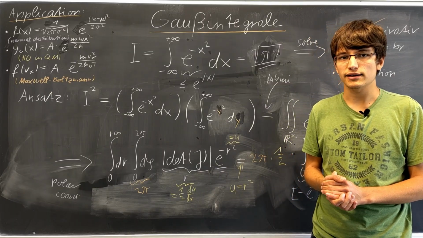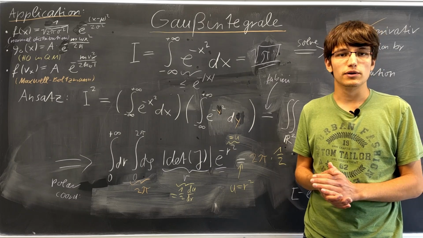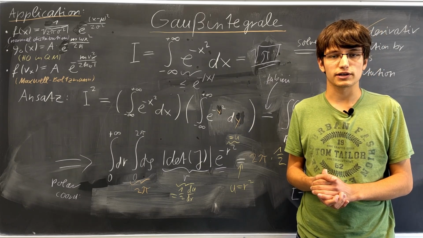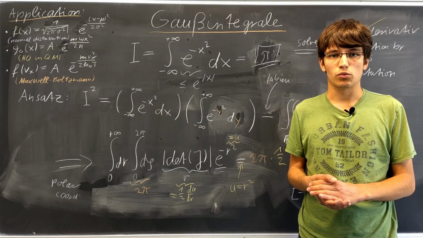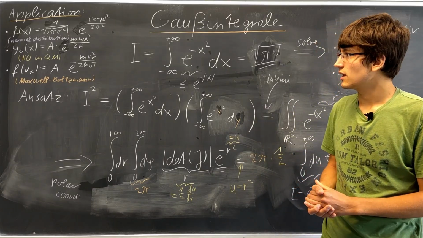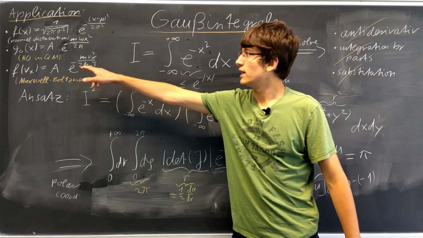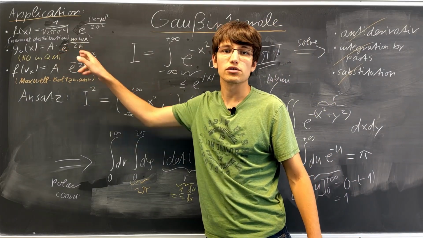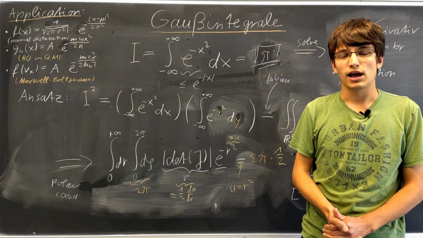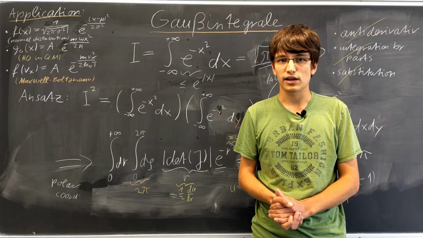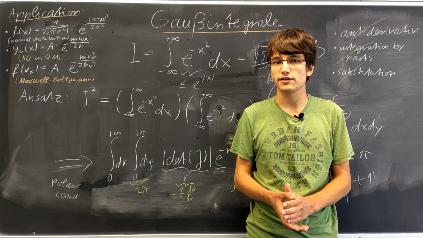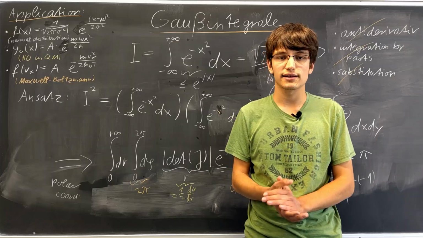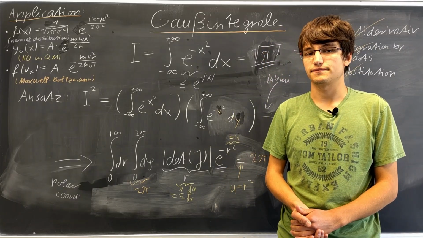Also in quantum mechanics, if we look at the harmonic oscillator in the ground state, the wave function in position space is also a Gaussian. Similarly in thermodynamics, if we look at the Maxwell-Boltzmann distribution of the velocity of an ideal gas, it is also a Gaussian.